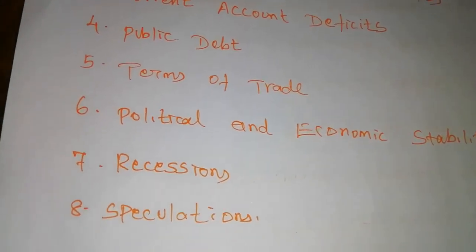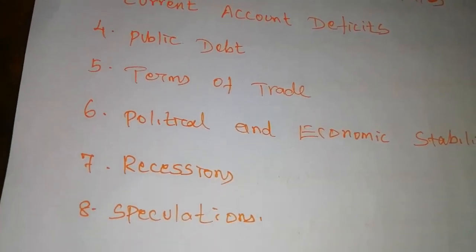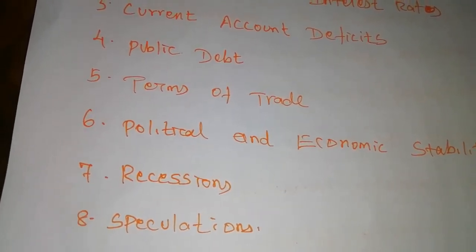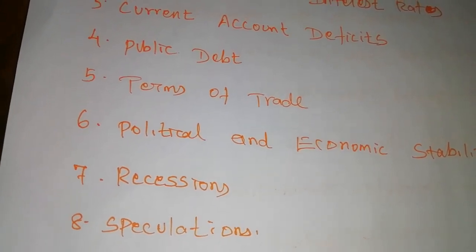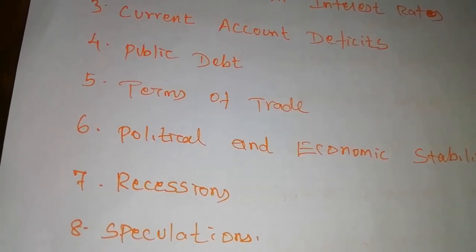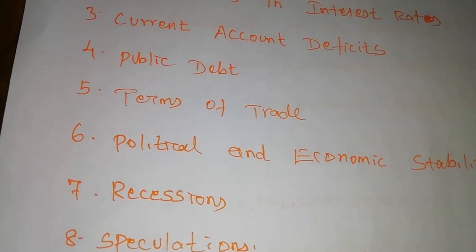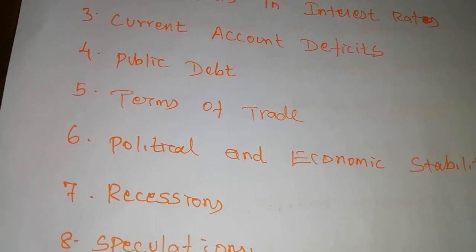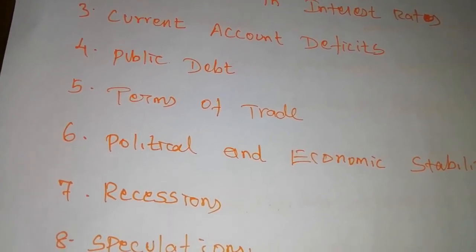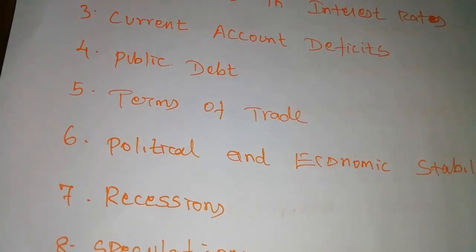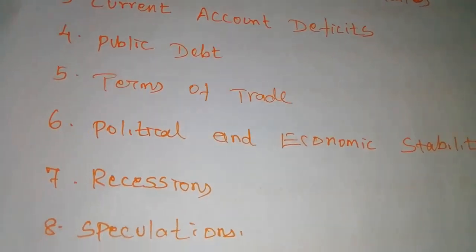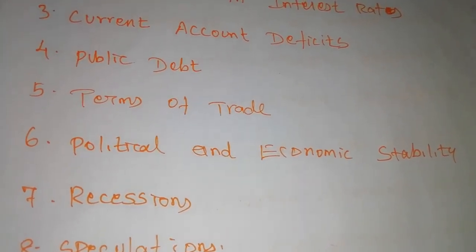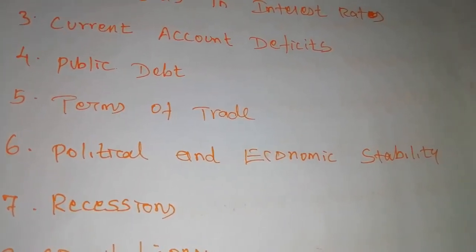Next, terms of trade. A country's terms of trade also determine the exchange rate. If the price of a country's exports rises at a greater rate than that of its imports, its terms of trade will improve. Favorable terms of trade imply great demand for the country's exports, and thus the balance of payments becomes favorable.